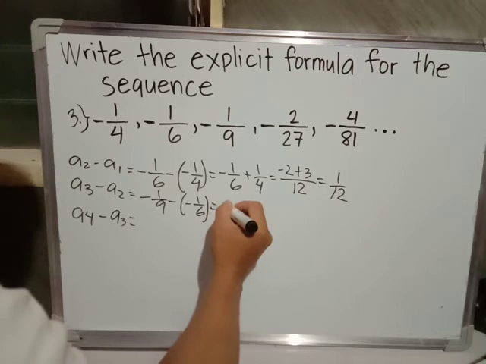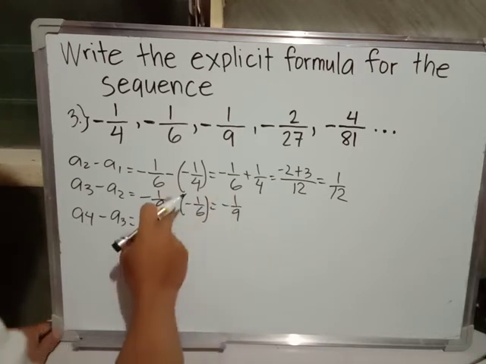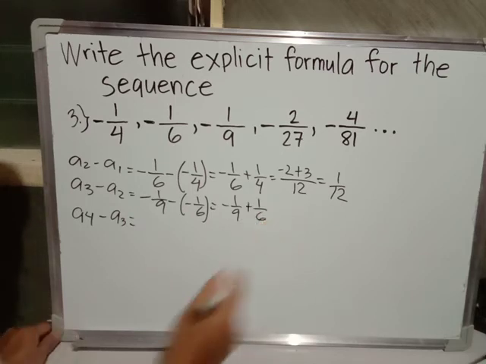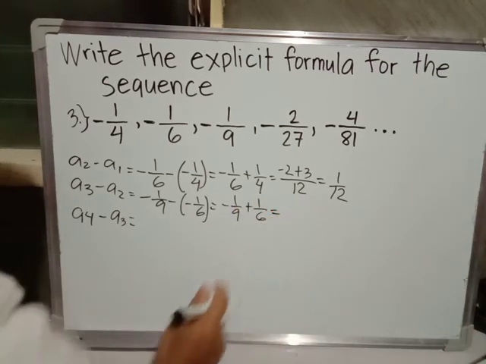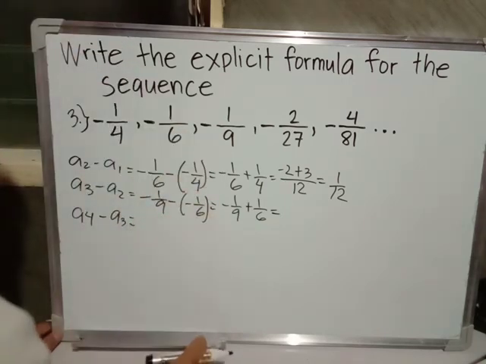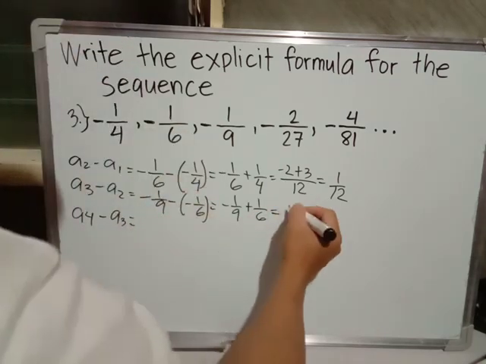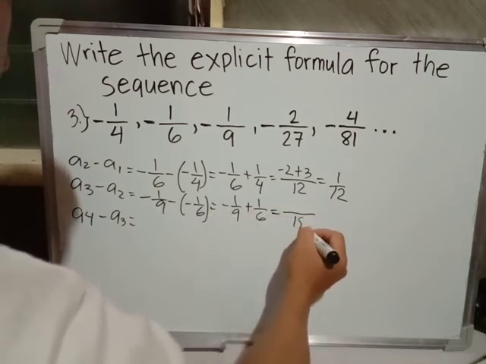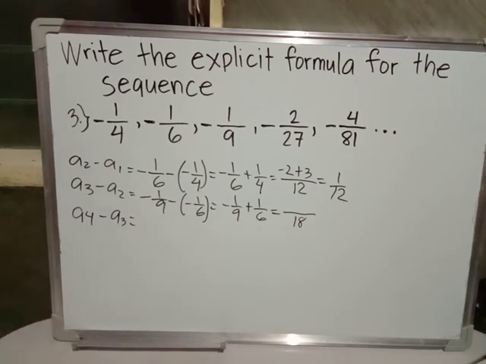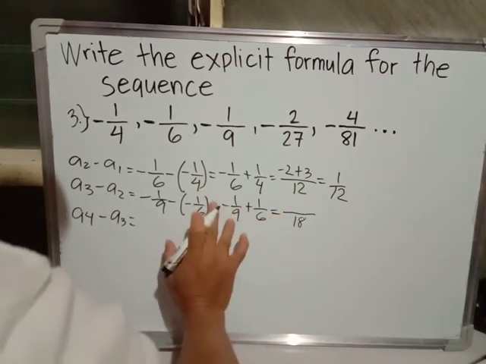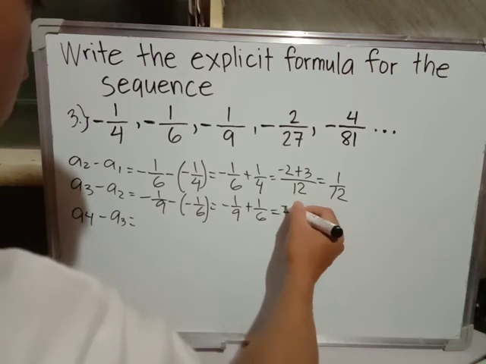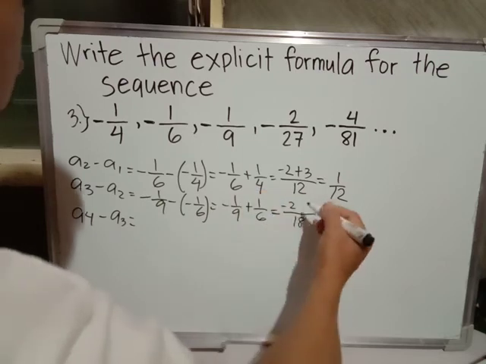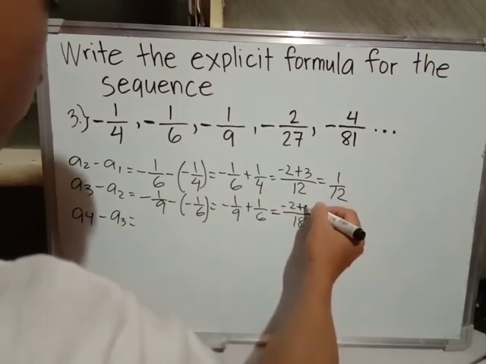Copying negative 1/9, negative times negative becomes positive, so plus 1/6. The common denominator, or LCD, is 18. 18 divided by 9 is 2 times negative 1 is negative 2. 18 divided by 6 is 3 times 1, it would be 3.